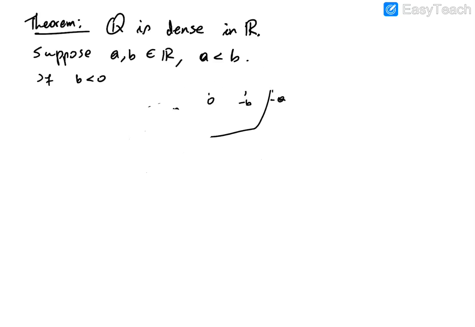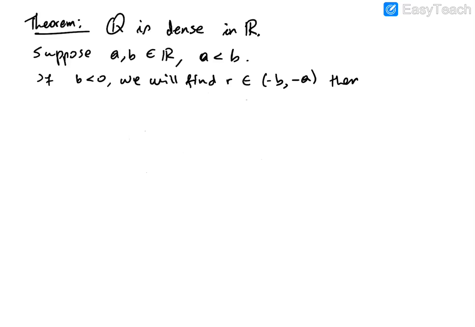If B is less than 0, then we will find r in the interval (minus B, minus A). Then minus r will be in the interval (A, B), okay? Where r is a rational number.